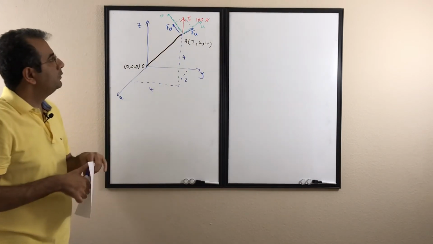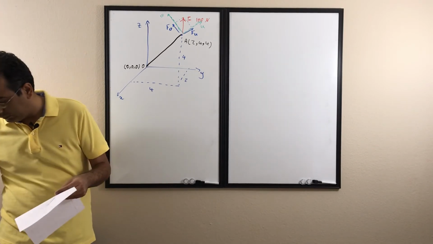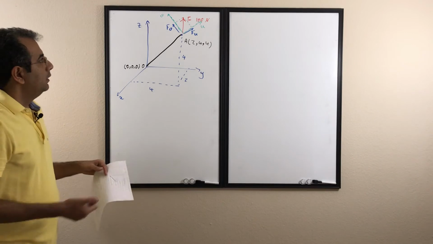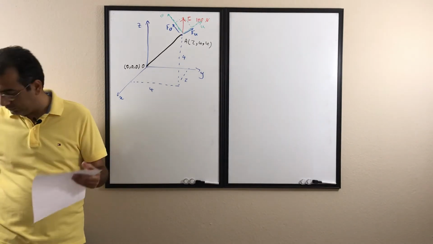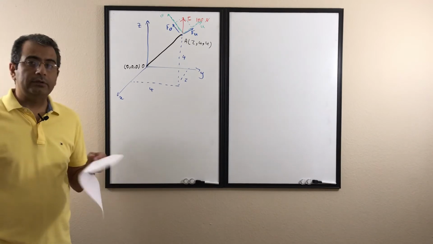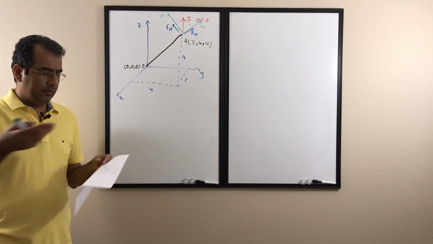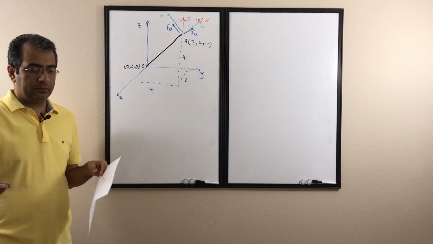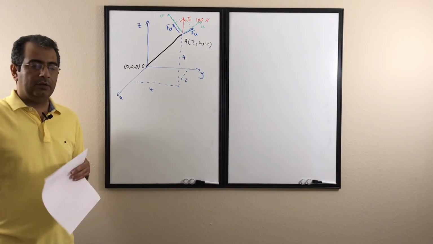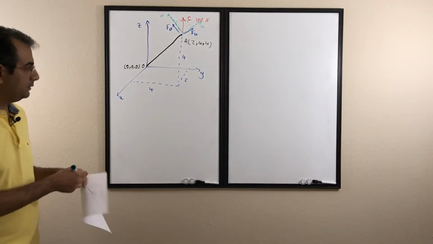We want to find F_U and F_V. We know that F is going straight upward. To do that, like what we had before, we need to find the unit vector. If we want to find the vector along the line, or the projection, we need to find the unit vector, and for the unit vector we need the position vector.